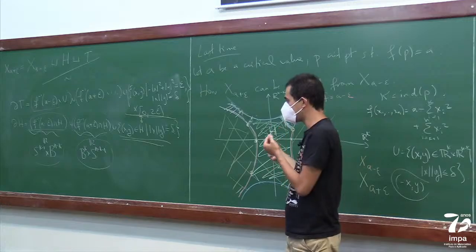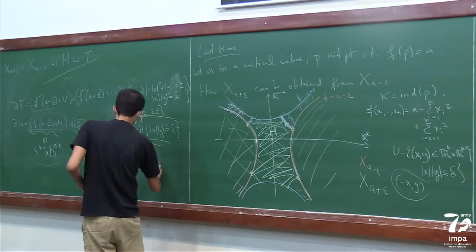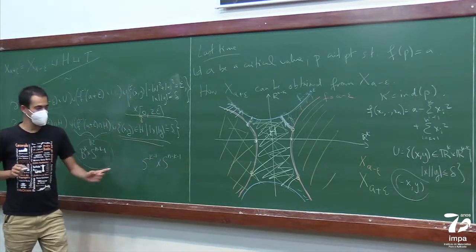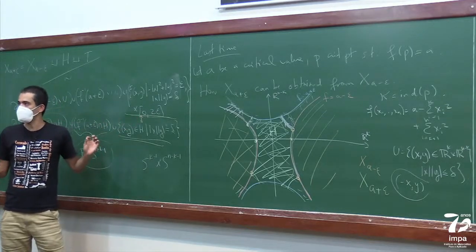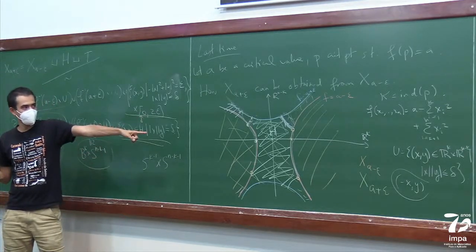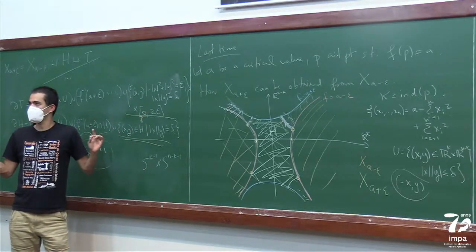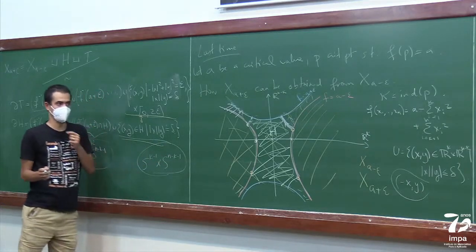But in general, these corners are S^(k-1) times S^(n-k-1). So these are the corners. You have two of them at first with the original h, but when you quotient it out, you identify them. So what you end up getting is just this guy as a corner.